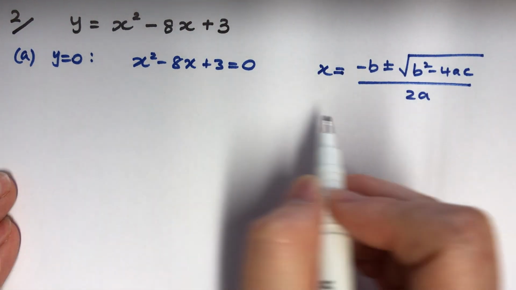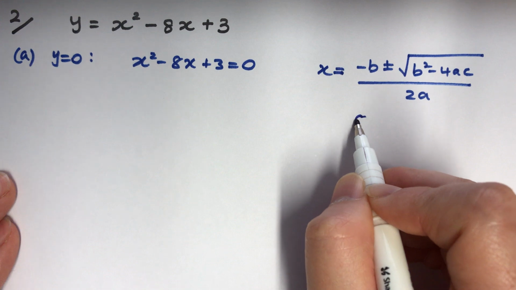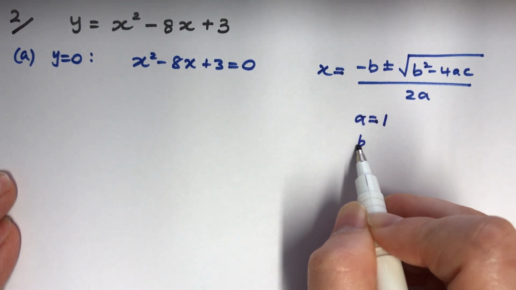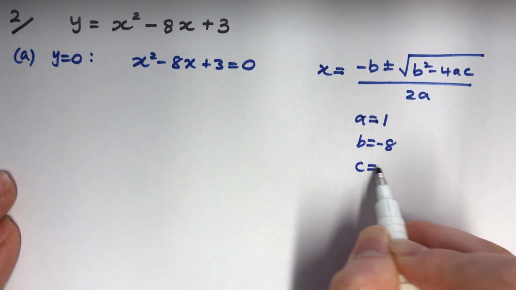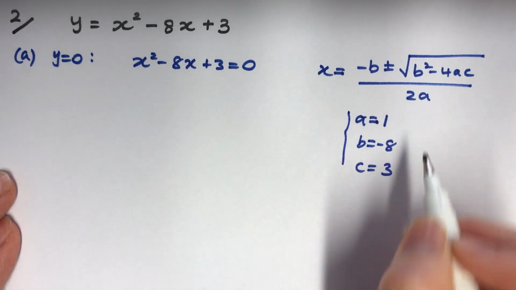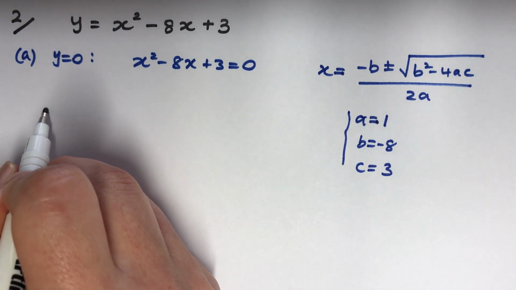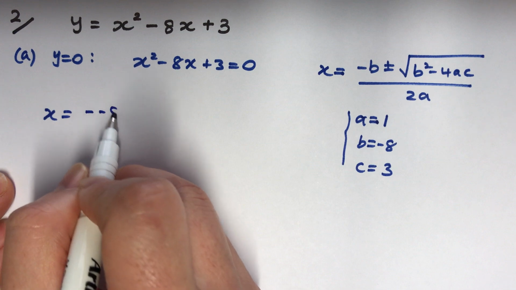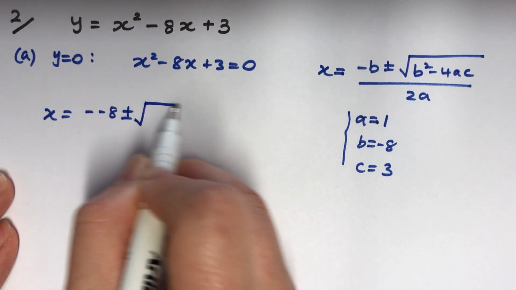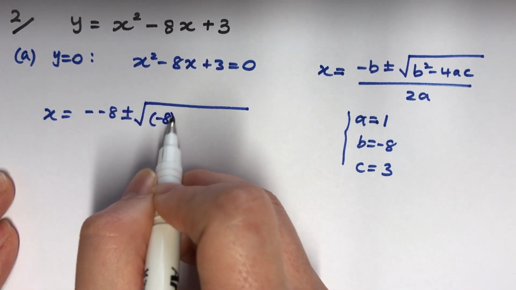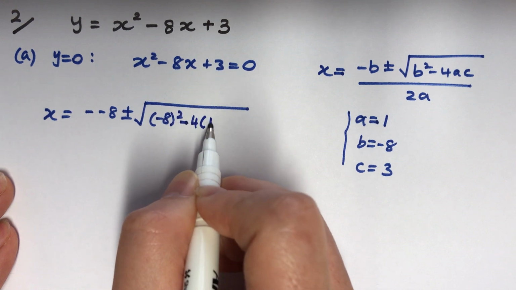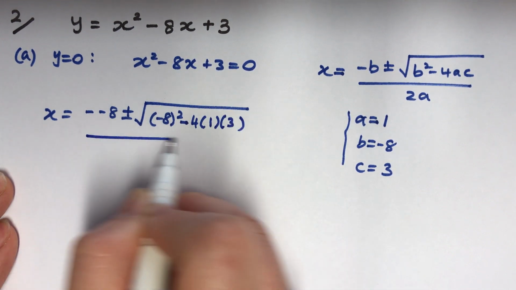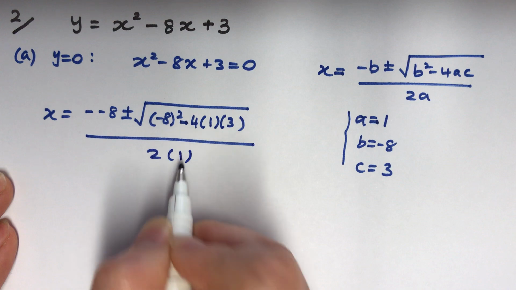So if you want to go a little bit easier, I will just write all the a, b, c, so that when I substitute in, it's easy. So x equals minus 8 plus minus the square root of 8 squared minus 4ac, over 2, 1.